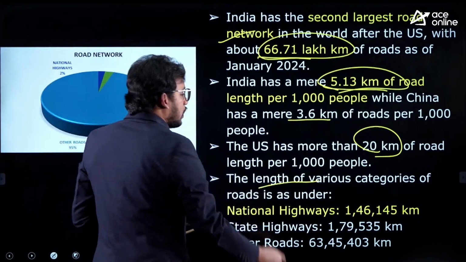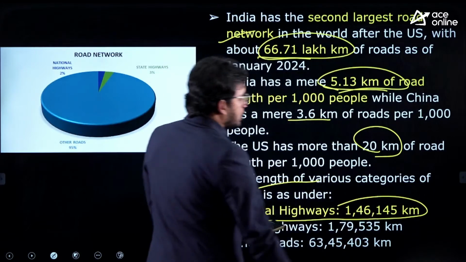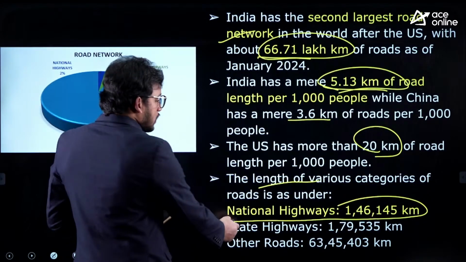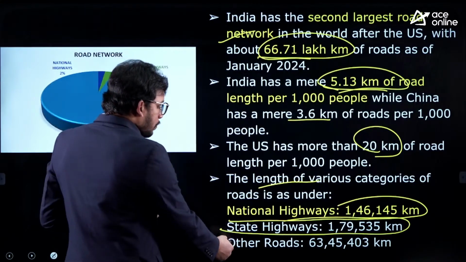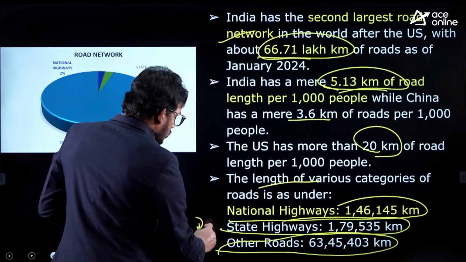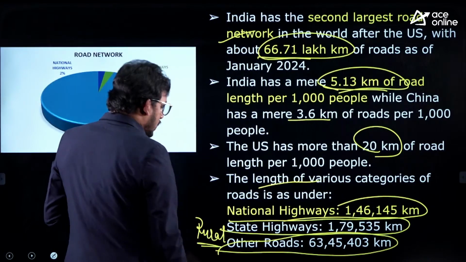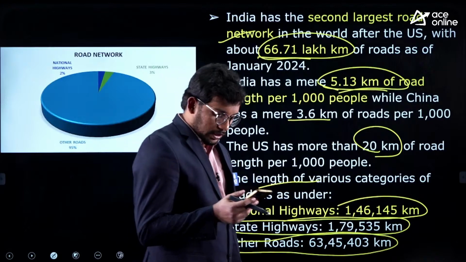Out of the total road network, national highways are 1,46,145 kilometers, state highways 1,79,535, and a major portion is other roads, that is rural or village roads, at 63,45,403.